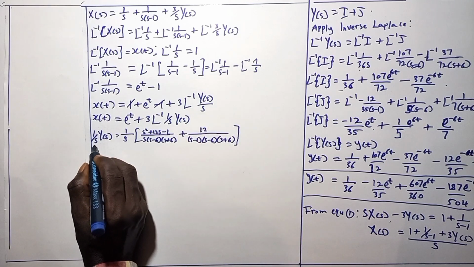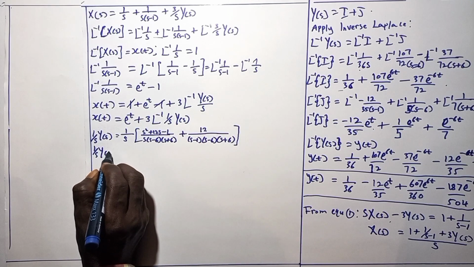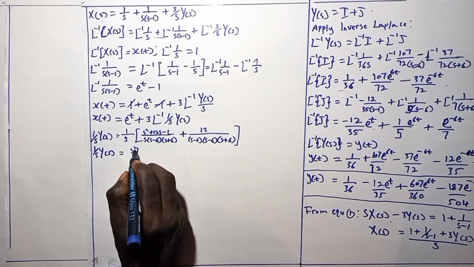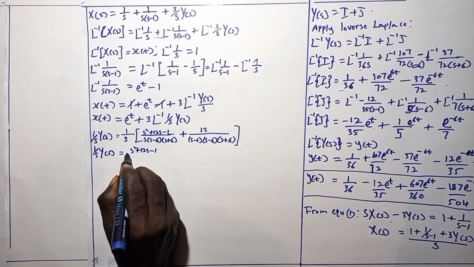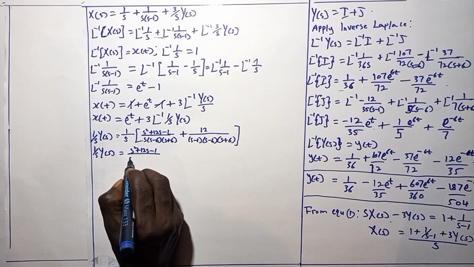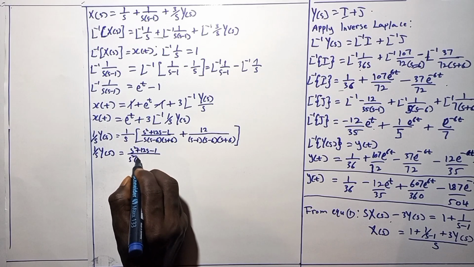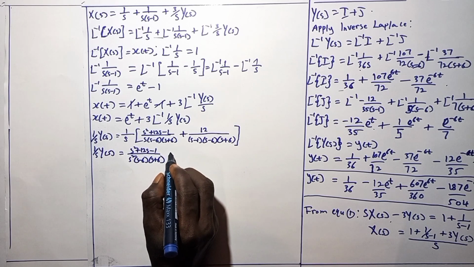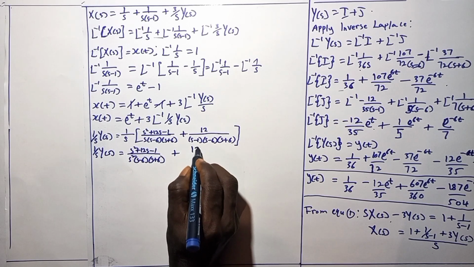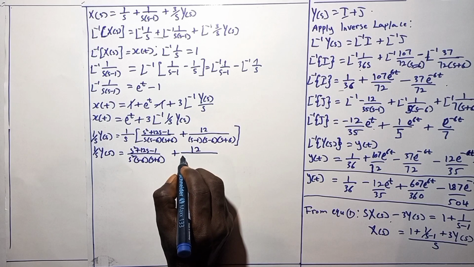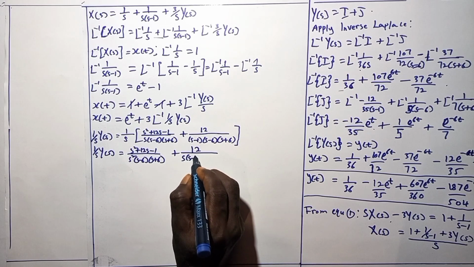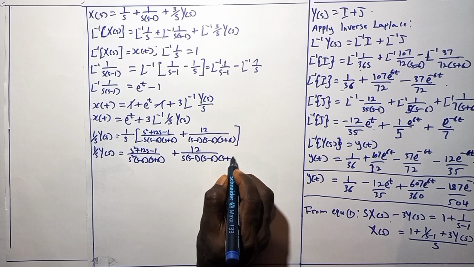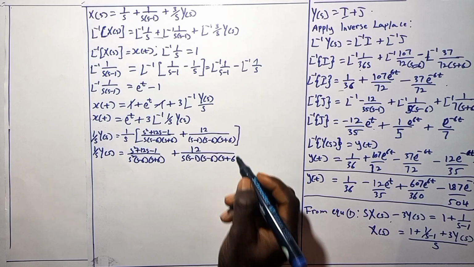So now multiplying it, this becomes s squared (s minus 6)(s plus 6), then plus this becomes s(s minus 1)(s minus 6)(s plus 6).